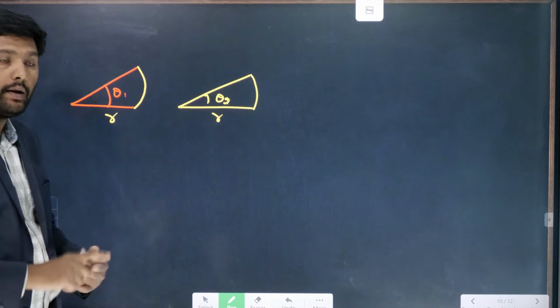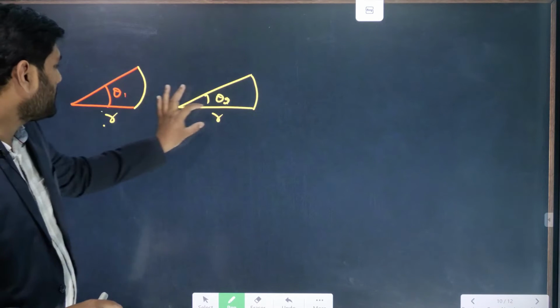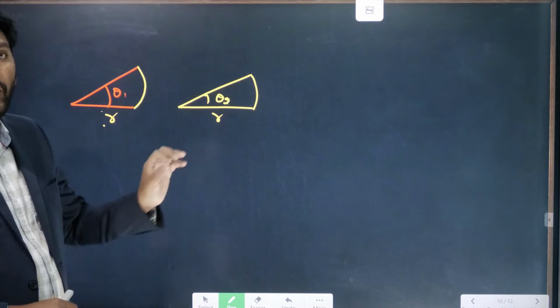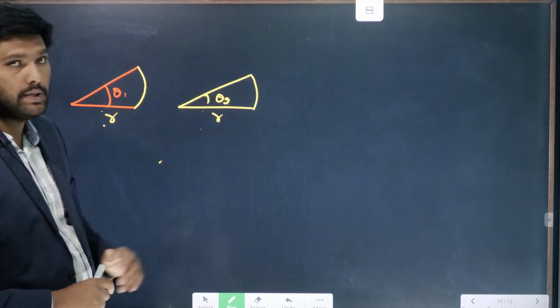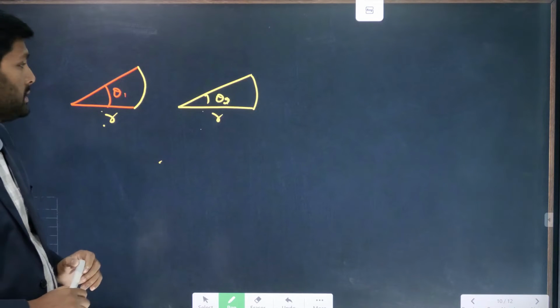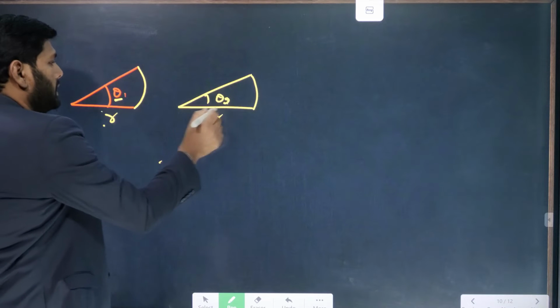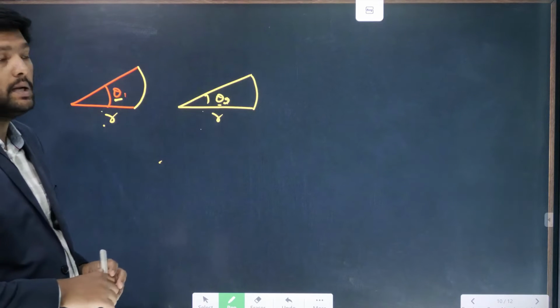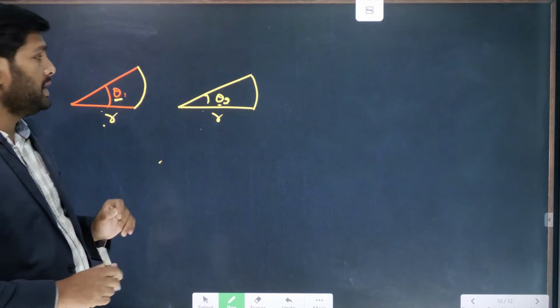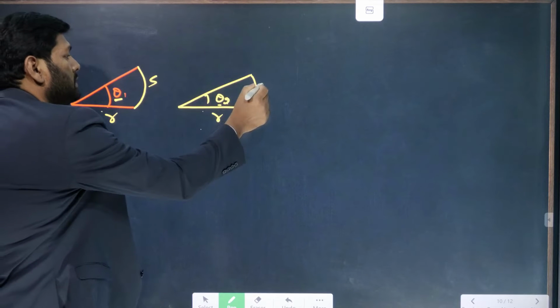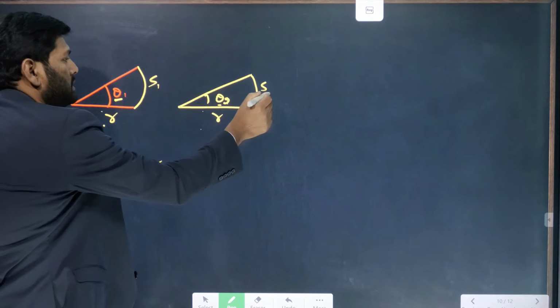When you keep the radius constant and change these angles, what is going to change? The arc length is going to change. This is S1, this is S2.